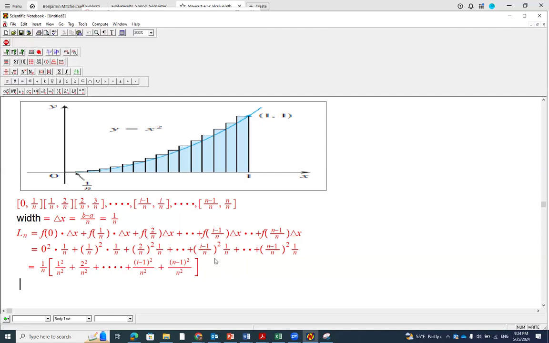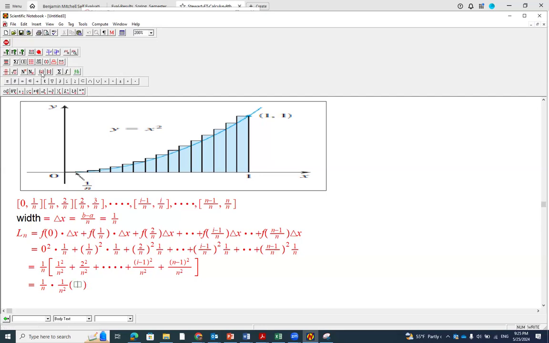If we use this common denominator and we combine, what do we have? So we have 1 over n outside, and we also have a 1 over n squared, right? We're going to factor that n squared outside.